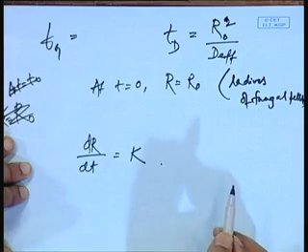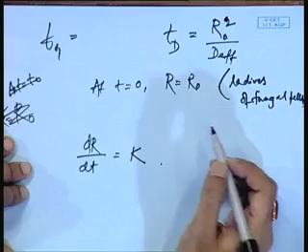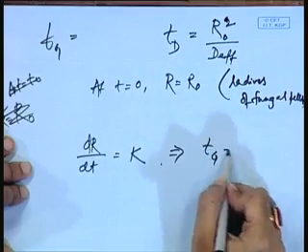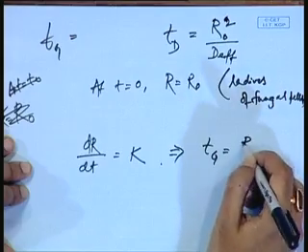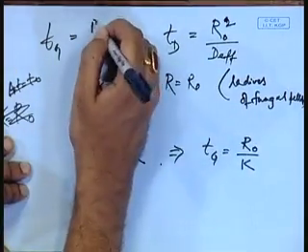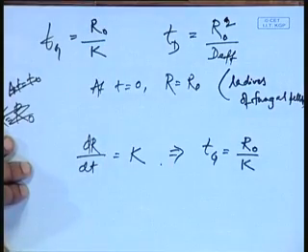So what would be my growth time scale? Tg would be R naught over K. Right.